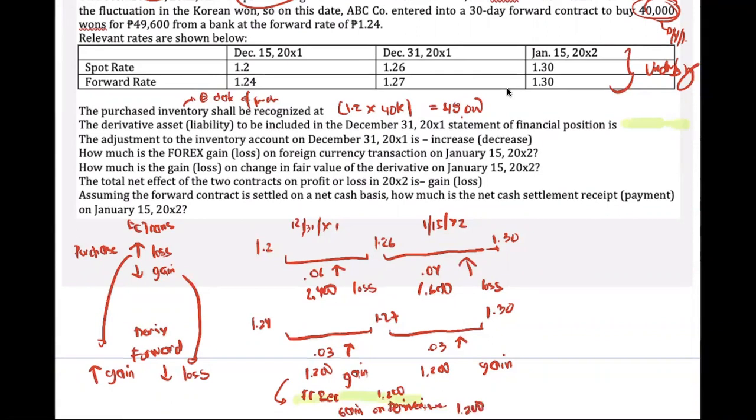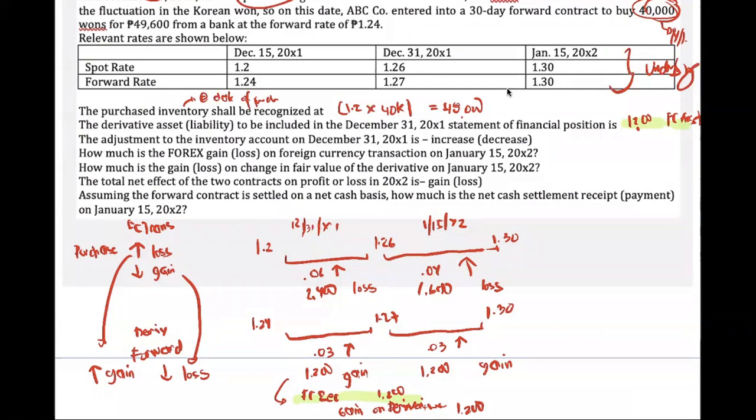So our answer is 1,200 forward contract asset. Okay? Kanina, ang example naman natin is loss on derivative, may forward contract liability tayo. Ngayon naman, may forward contract asset tayong 1,200.